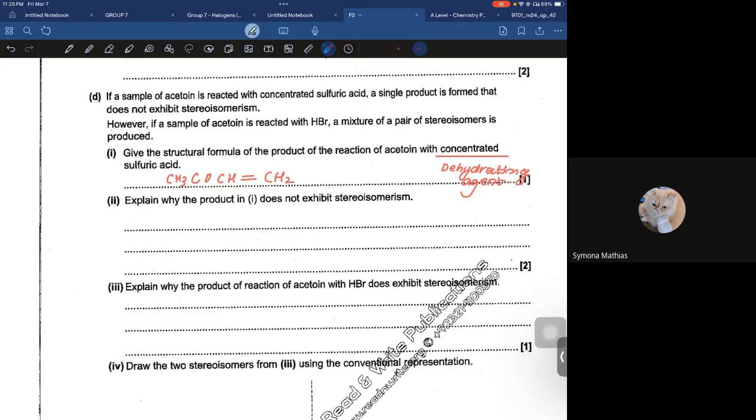Okay. So I would write that one would not show cis trans isomer as same atoms are attached, just like that.